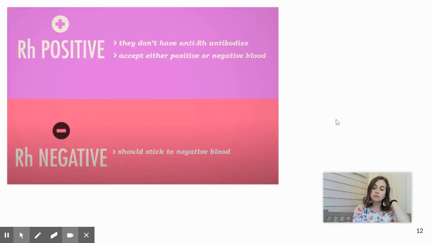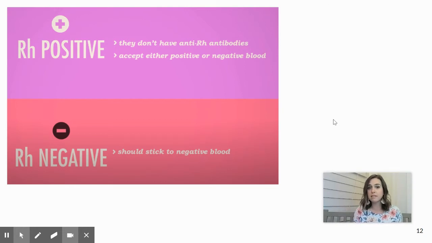The other piece to blood type is if you are positive or negative, and that has to do with your Rh factor, which comes from the rhesus monkey, which it was discovered in. Rh positive just means that they have markers, they have the antigens on their body for the Rh factor, which they call a D antigen.